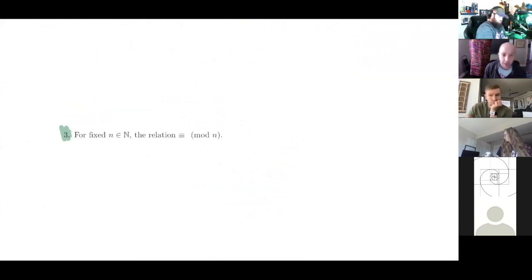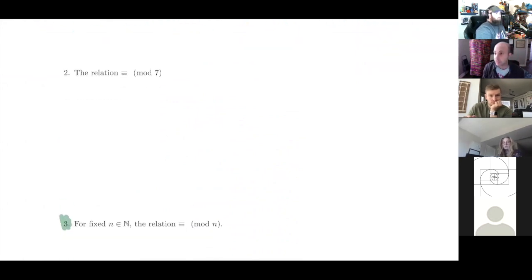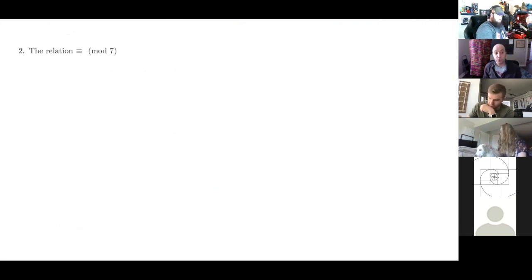And it's going to be related to the one below it. So we'll do 2, since that actually has a number there instead of a general integer n or natural number. So we're going to prove that the mod 7 relation is an equivalence relation.